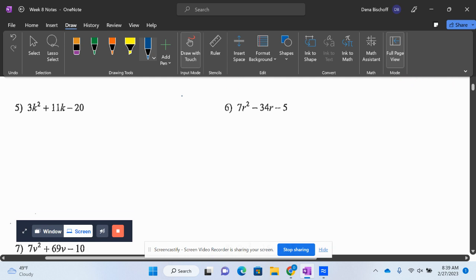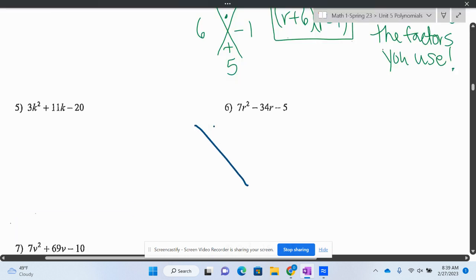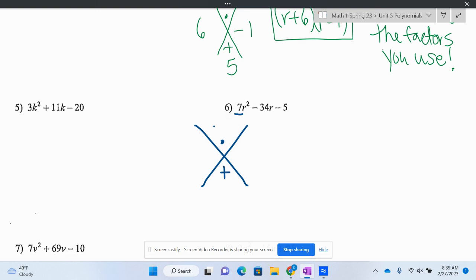Okay, so number 6. When I fill out my times plus, let's see, 7 times negative 5. What is that? Negative 35 has to add up to negative 34. So I want to do y equals negative 35 divided by x in my calculator.